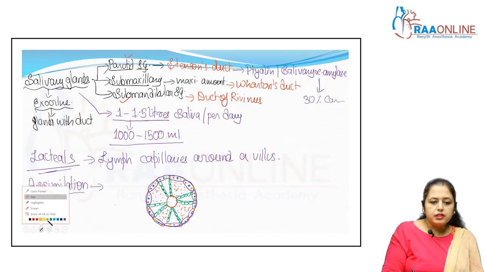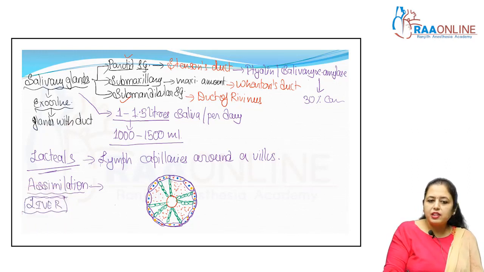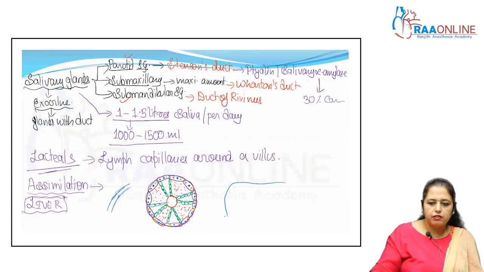And what will happen, that hepatic vein, after assimilation, which carries all the nutrients along with some toxic substances, enters inside the liver, which is reddish brown in appearance, right?